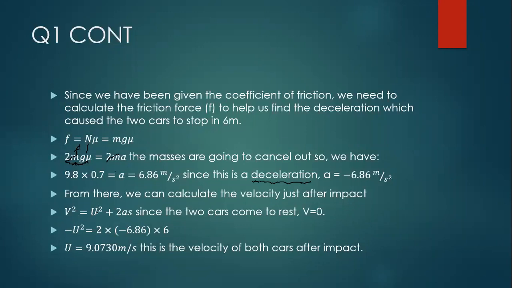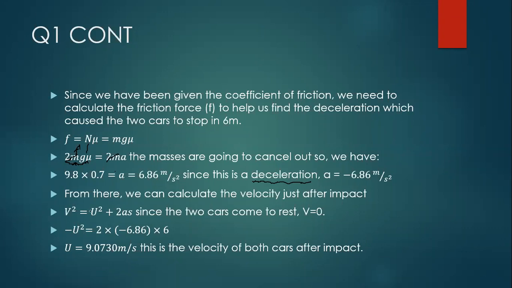So we can take the initial velocity to the other side and it becomes a minus. Then solving for this u, we see that u gives us 9.073 meters per second.